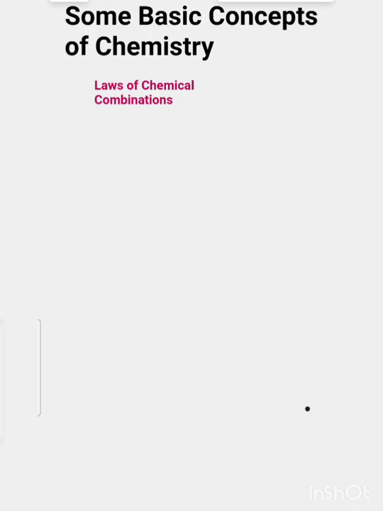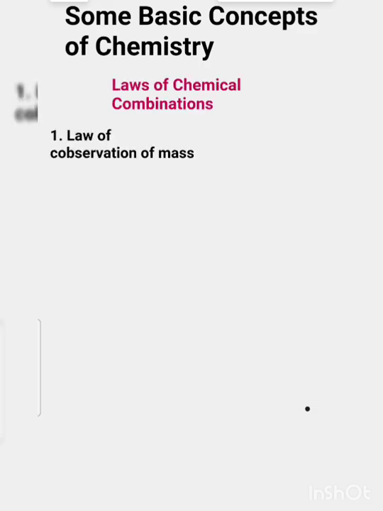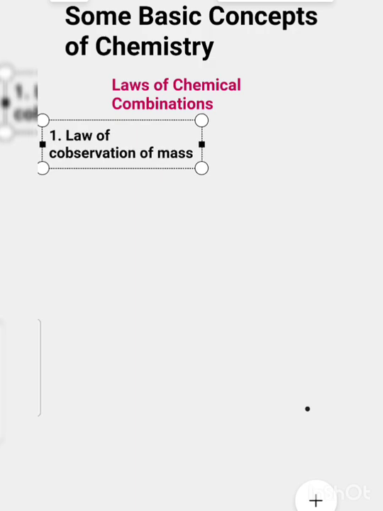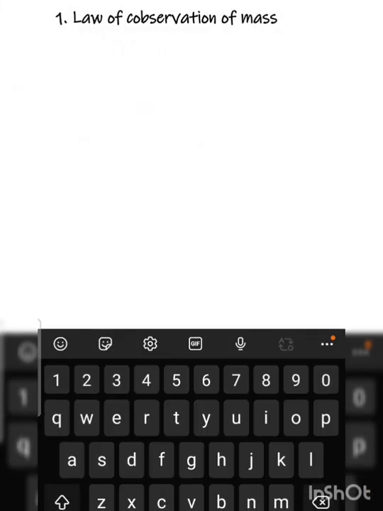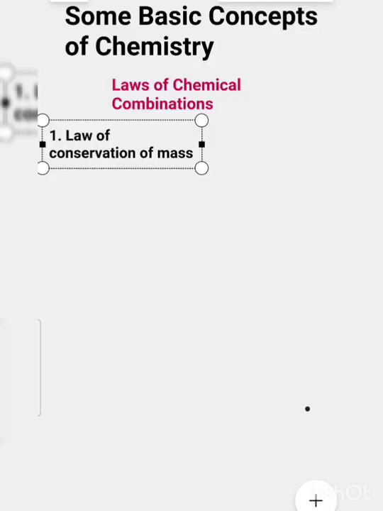Now we will talk about laws of chemical combinations. So there are a few laws of chemical combination according to which a reaction proceeds. These are few. I will teach you one by one. So first one is law of conservation of mass.